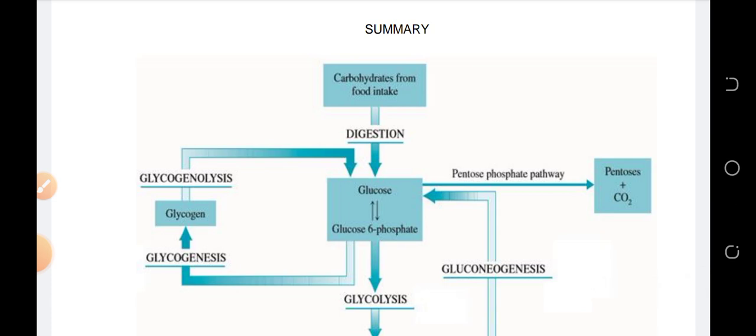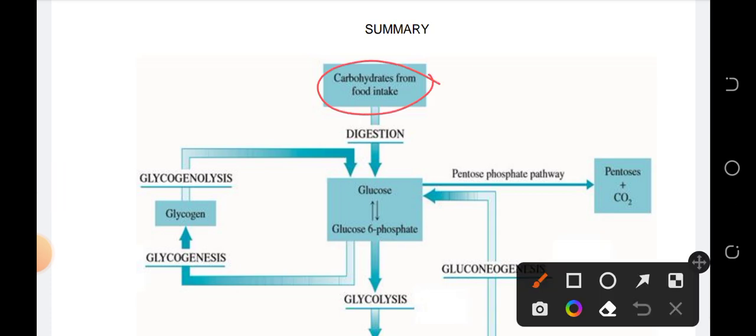So, yun nga sabi natin kanina that in the past discussions or past videos that as we eat carbohydrates from our dietary sources, it will undergo digestion. And of course, during digestion, yung carbohydrate complex molecules na yan magbe-break down into its building blocks, monosaccharide, and then particularly the glucose, and it will then become a glucose 6 phosphate during glycolysis.